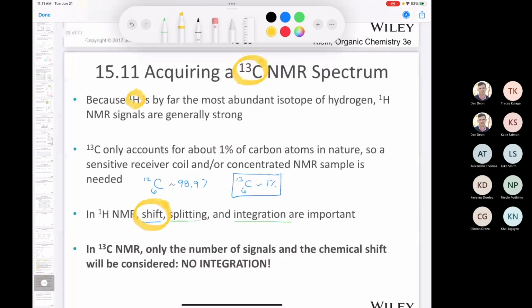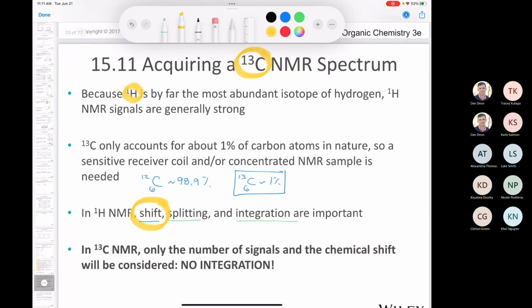There is no splitting in carbon-13 spectra, and there is no integration. Only the number of signals and the chemical shift are going to be considered. So it's actually a little bit simpler for many students to look at a carbon-13 spectrum.